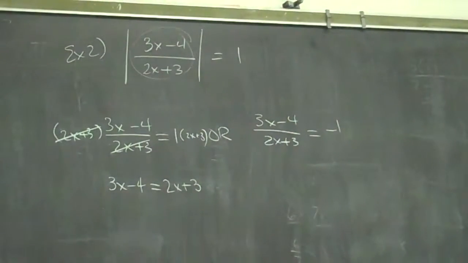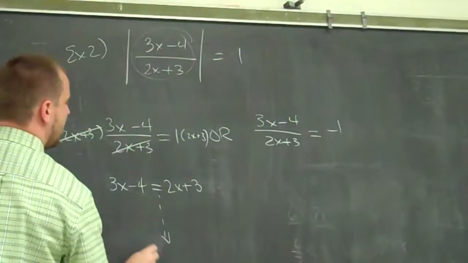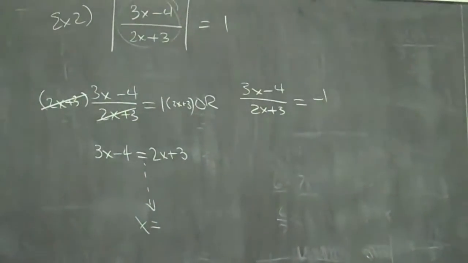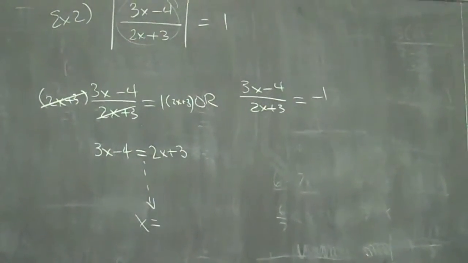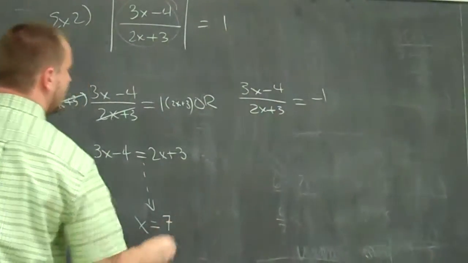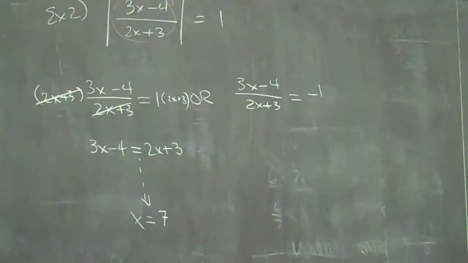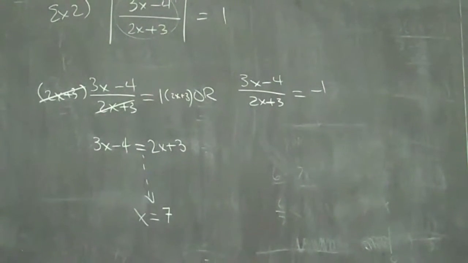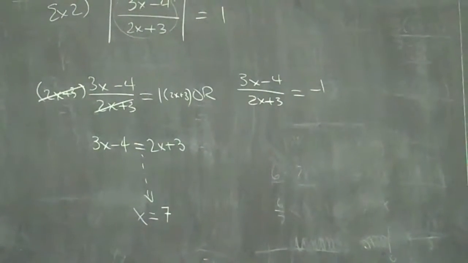You don't know how to solve that, so I'm going to skip a few steps. What are y'all getting for x? 7? Good news, my notes say 7 too.